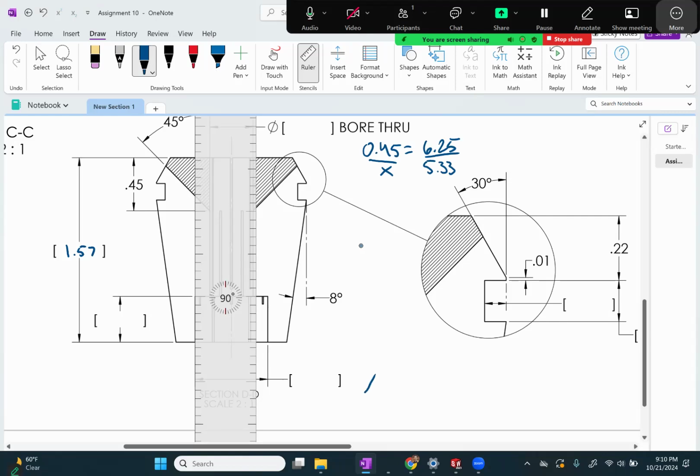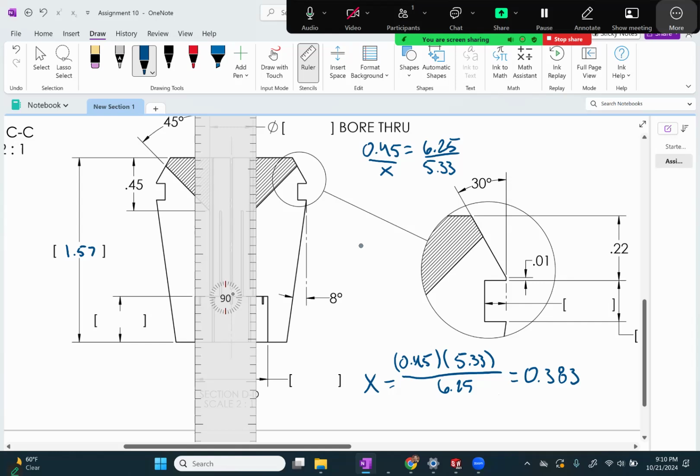I'll just write down the final equation to save us some time. x is going to be equal to 0.45 times 5.33 over 6.25. If I type that into my calculator, 0.45 times 5.33 divided by 6.25, I get x is equal to 0.383.